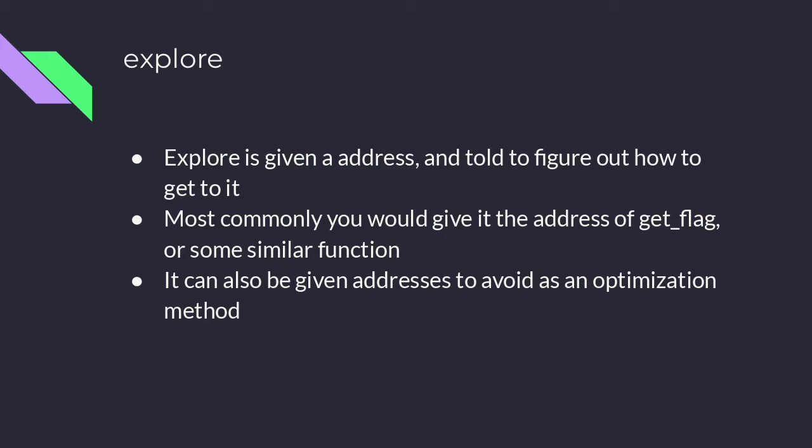If you know that an address will never get to where you're going, then you can just tell Angr to avoid it entirely. I mentioned earlier that you can also give Angr stub functions, and if you can't avoid an Angr trap, which is what this is called, then you will have to stub it out, which should be some work.